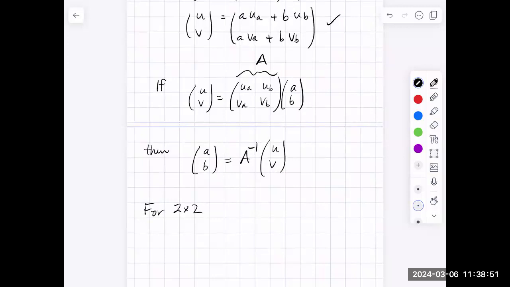Yeah, so we would have to evaluate the determinant. So for a 2x2 matrix, A inverse is equal to 1 over the determinant of A. Does anyone remember how to get the inverse of the 2x2 matrix? 1 over the determinant, so yeah, VB, and then it's minus UB, and then it's minus VA and UA.